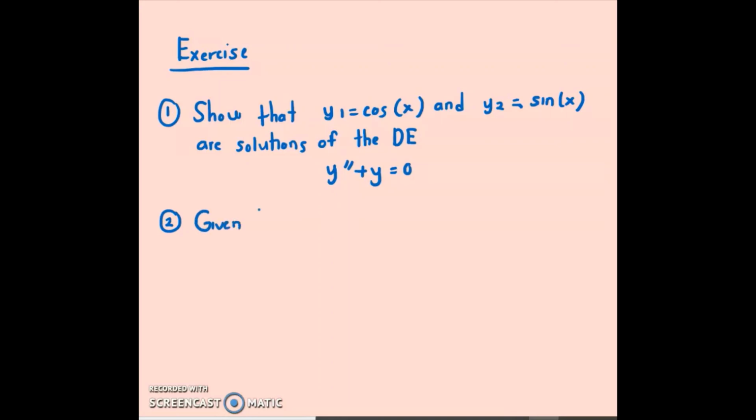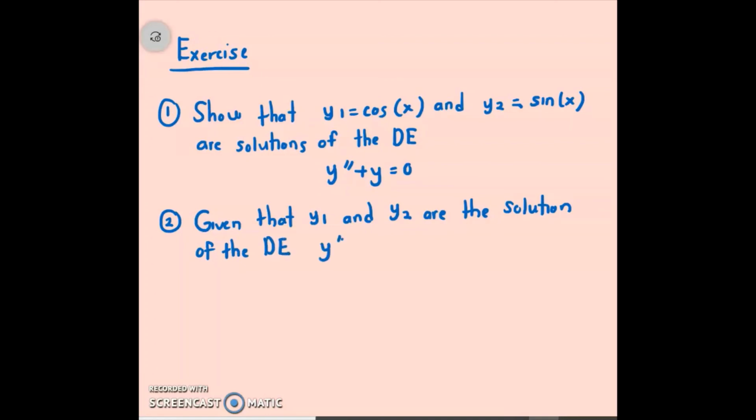Now the second question: given that y1 and y2 are solutions of the differential equation y double prime plus y squared equals 0, is y3 equals c1 y1 plus c2 y2 also a solution of the differential equation?